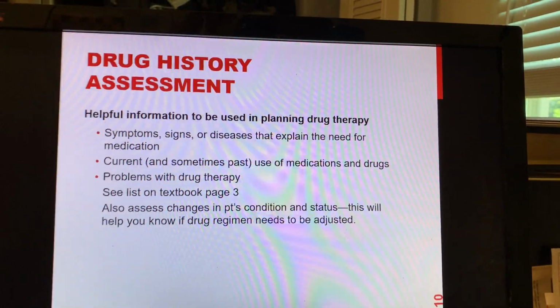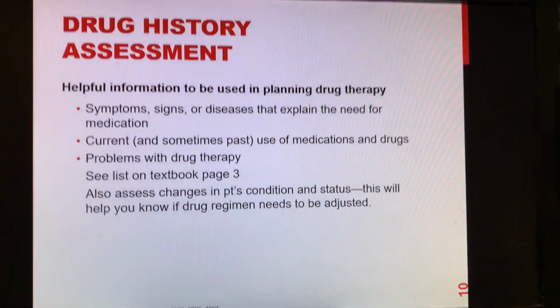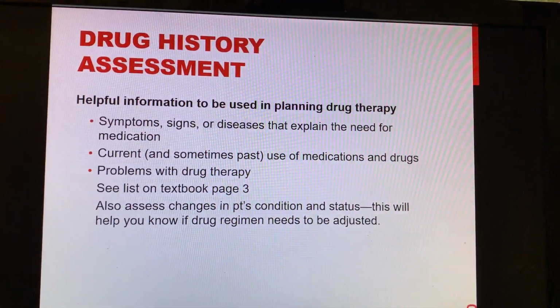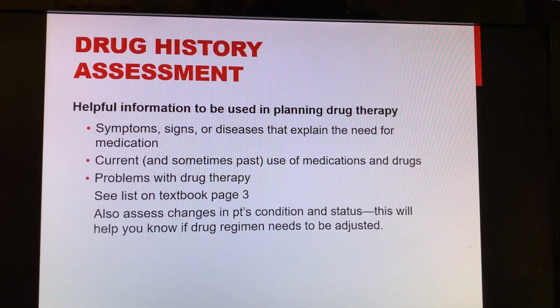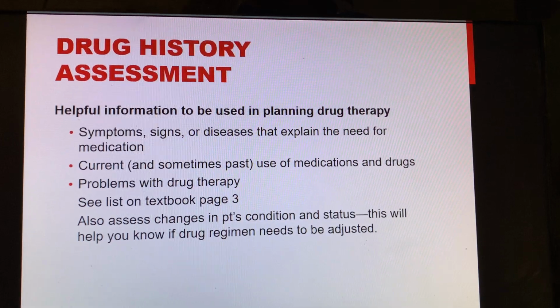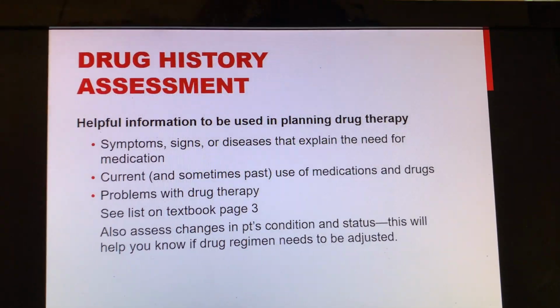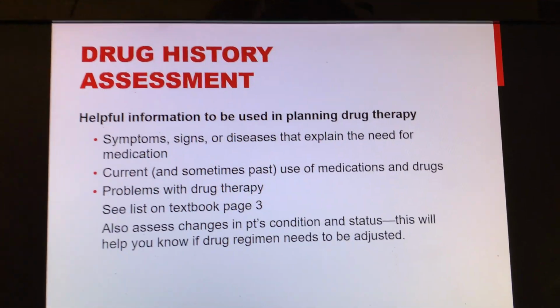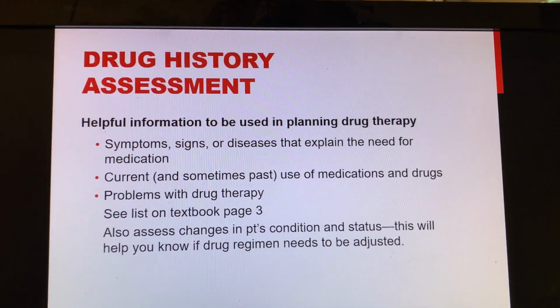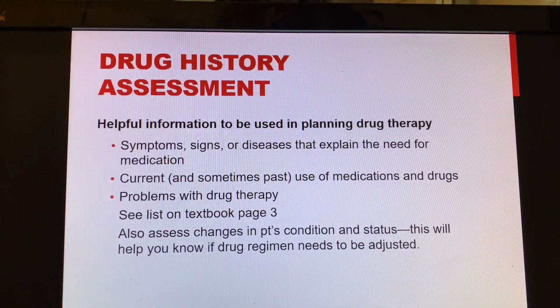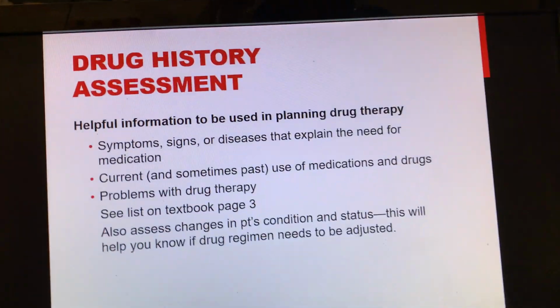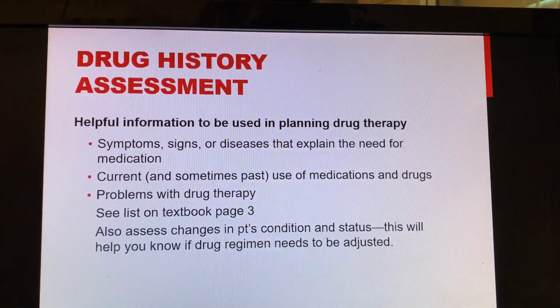When you are gathering information on a patient, one that you will be administering medication to, you want to know the following information when it comes to planning drug therapy. Check out your textbook, page 3, and you will see that you need to understand signs or symptoms, or the specific diseases that explain why your patient needs that medication.